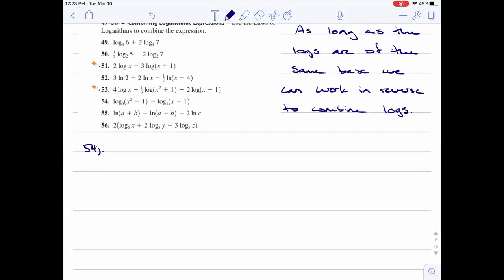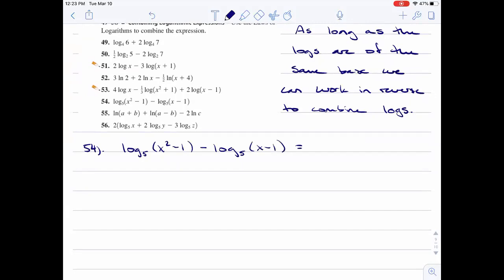But this is important. This is one of the main things that you need from this course, even though we don't get to spend a lot of time on it, but it is important. So 54, we've got log base 5 of x squared minus 1 minus the log base 5 of x minus 1.